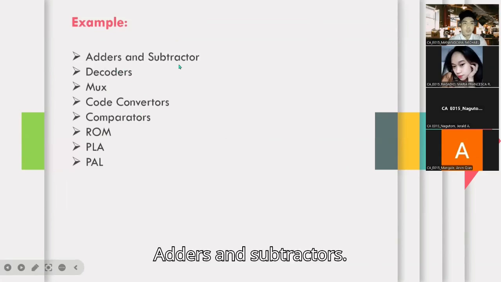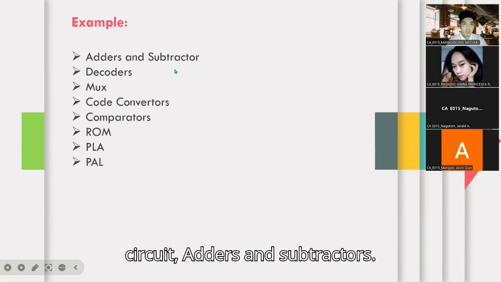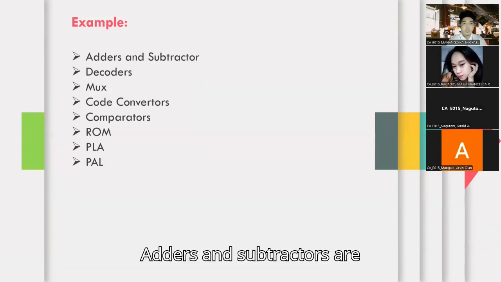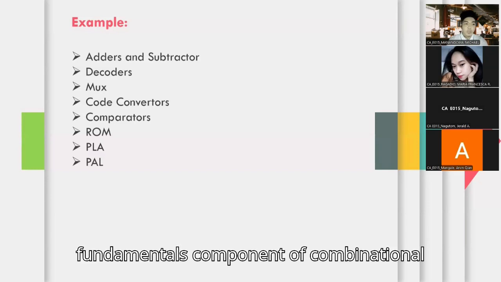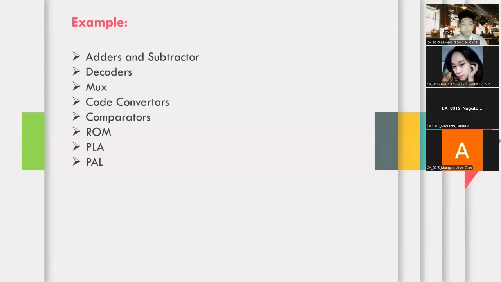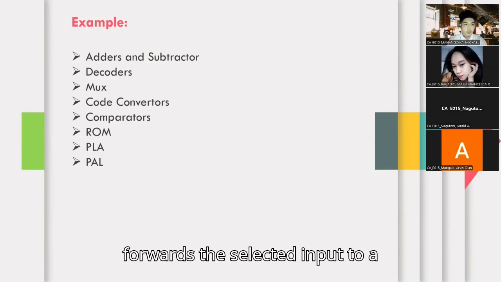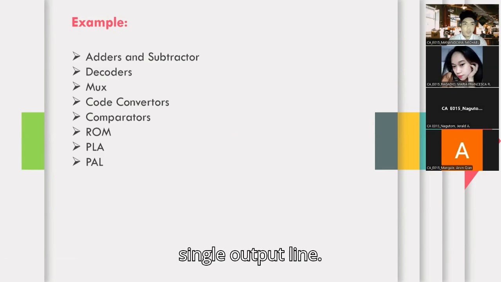Adders and subtractors. The best examples of combinational circuits are adders and subtractors. Adders and subtractors are fundamental components of combinational circuits used in arithmetic operations. Decoders, which decode input into output. Multiplexers: a multiplexer is a combinational circuit that selects one of many input signals and forwards the selected input to a single output line.